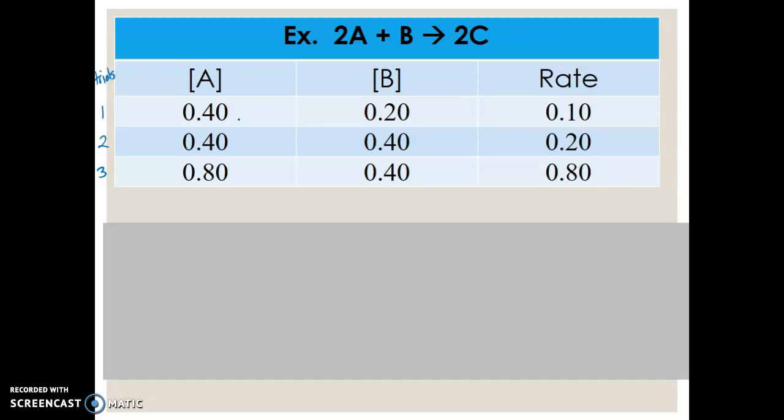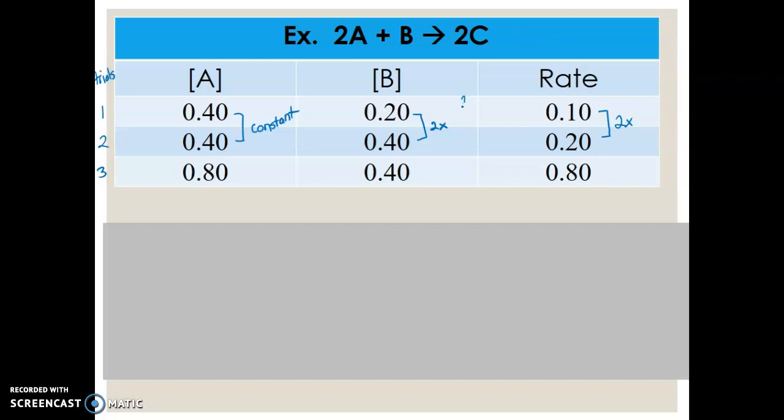So from trial 1 to trial 2, we have a constant concentration here. So we don't see any change in the concentration of reactant A. When we look at the concentration of B, though, this is doubling. So it's 2 times. And the rate here, where the concentration of B is doubling, the rate is also doubling.